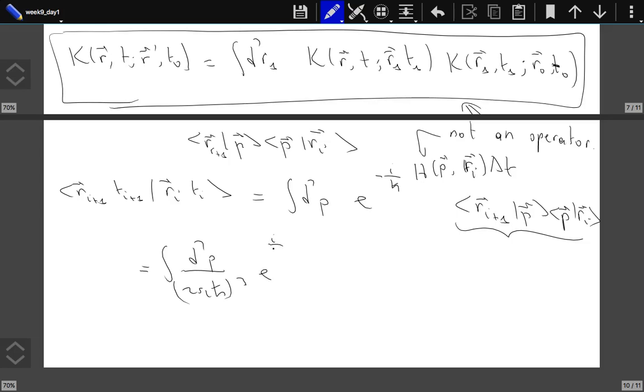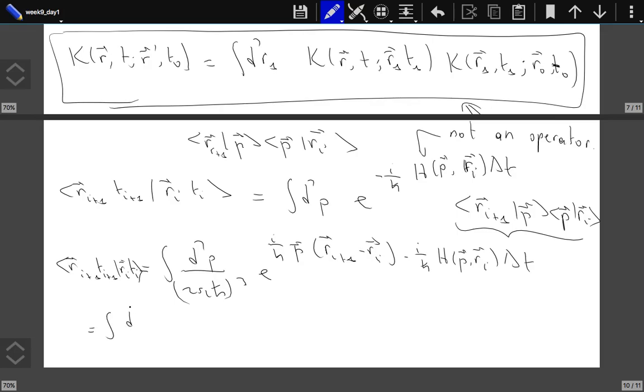This is e to the power i over h bar p times r_{i+1} minus r_i, minus i over h bar H of p, r_i delta t. Let me write it in a slightly different form.